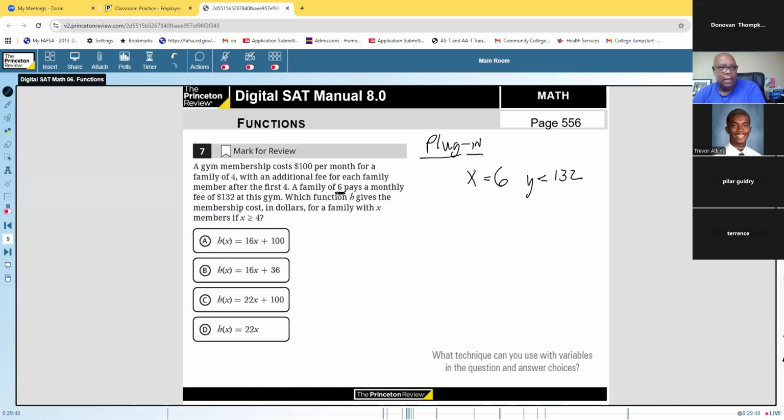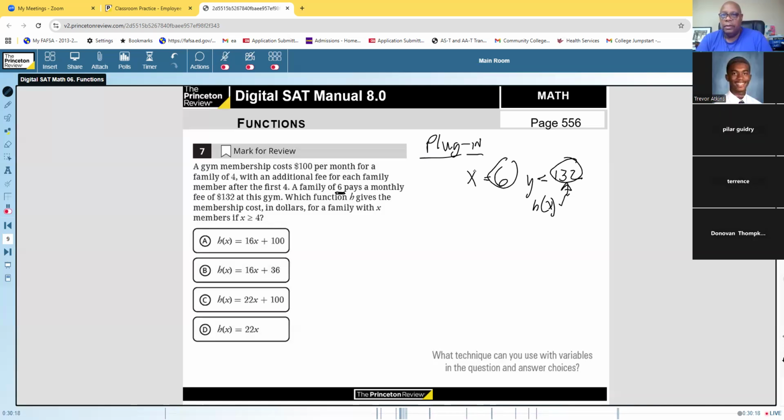I should say H of X. H of X is 132, so the ordered pair is 6 comma 132, right? So that we know what it is when it's 6. We supposedly know when it's 4, but I think you might have to do it twice if you do 4. Instinct tells me when we're right on the number, I'm going to have to. Yes, Donovan. I'm sorry.